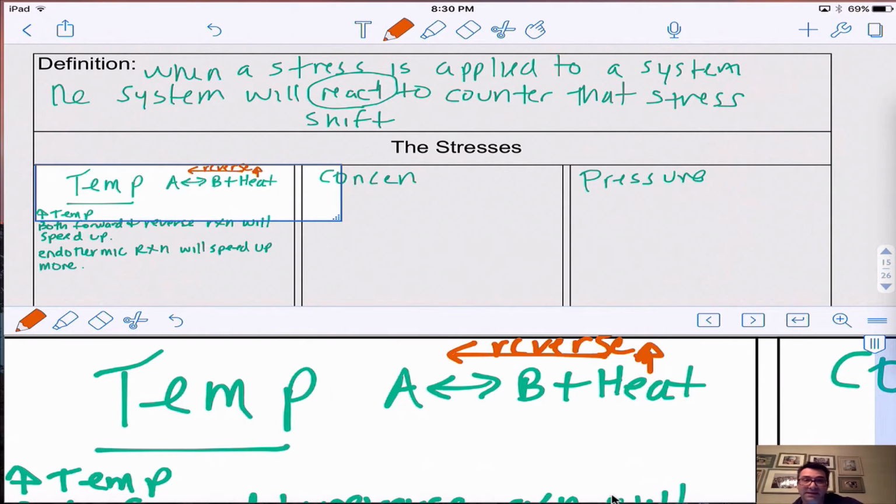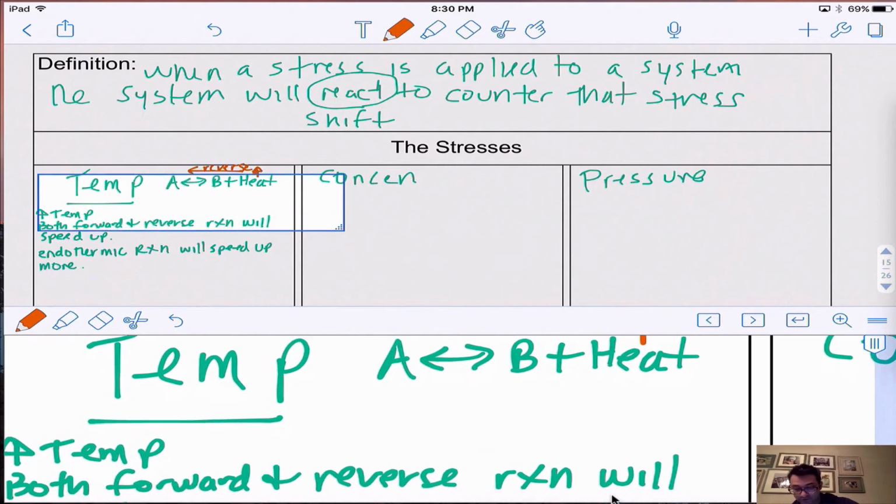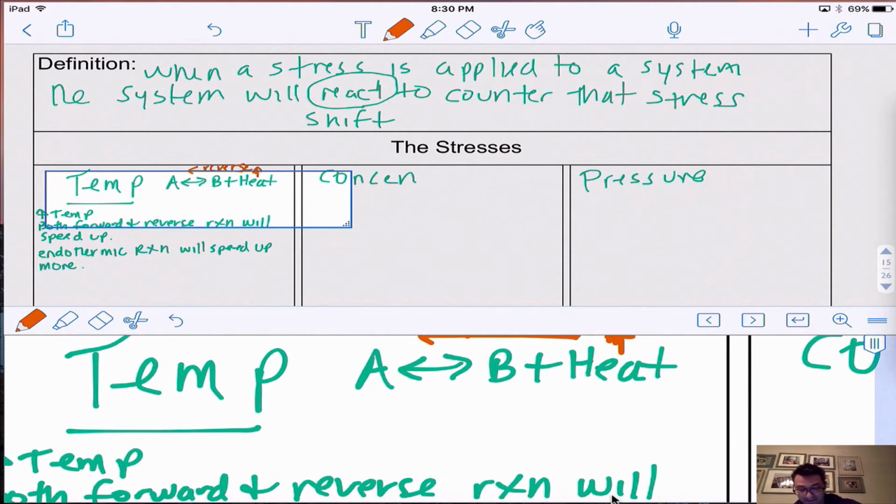Now, what does that mean in terms of what happens to the system? Well, when we favor the reverse reaction, the reverse reaction will be faster than the forward reaction. The concentration of A will increase as a result, and B will decrease as a result.